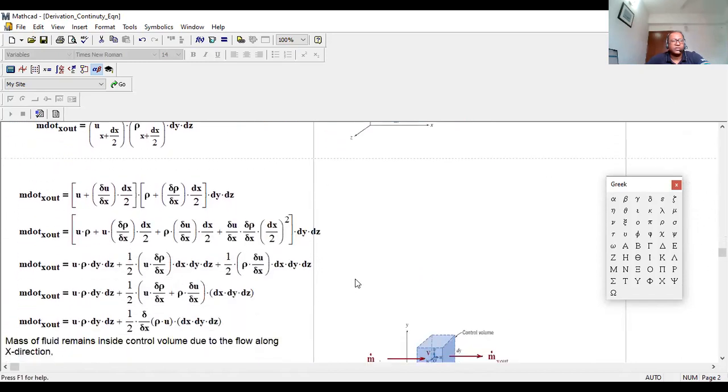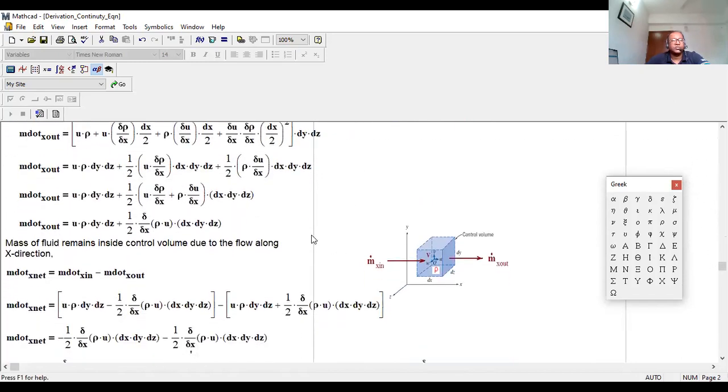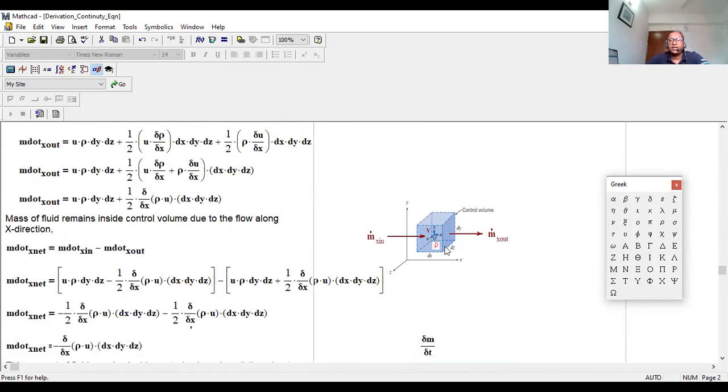So if we subtract these two, we can figure out how much mass remains inside due to the velocity component u. So m dot x net, in the exam, you will write like that: m dot x. In this program, I am not able to write the dot at the top. That's why I wrote m dot over here.